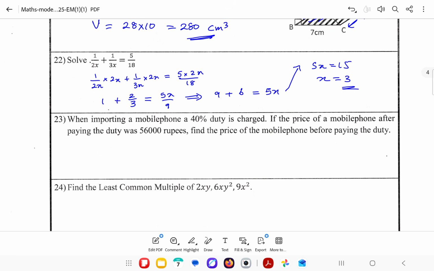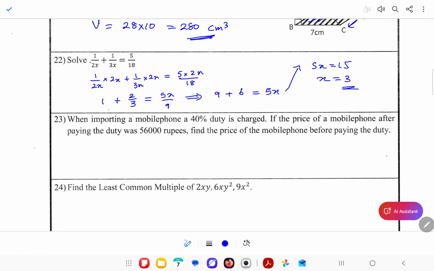Then 23. Importing mobile phones, a 40% duty is charged. The price of a mobile phone after paying the duty was 56,000. Find the price of the mobile phone before paying the duty. So 56,000 is the price after paying 40%. So this is 140% of the original.